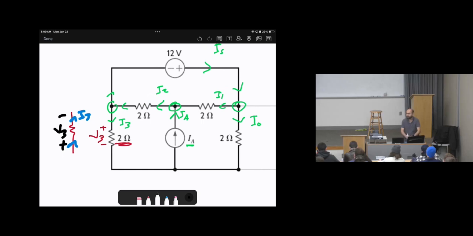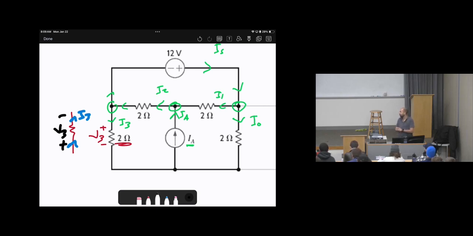So look at the difference: if I assume the current down, the positive is at the top; if I assume the current going up, the positive is at the bottom. That's what I mean: it doesn't matter which way you assume the currents, but you need to keep in mind the voltage polarity. Again, the key is to make sure the current enters the positive polarity of the voltage, and that's it. Does this make sense?